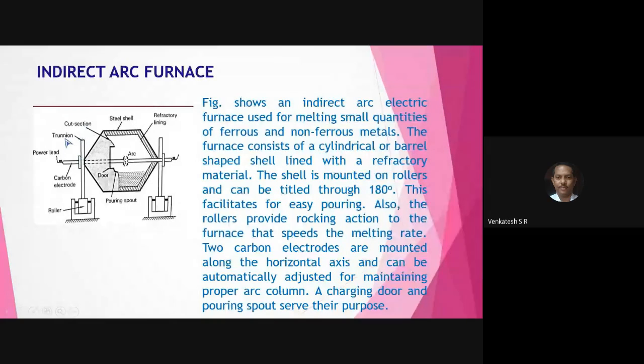The wall is made of steel metal. Above 6 feet or 8 feet, they place it inside the bearing.